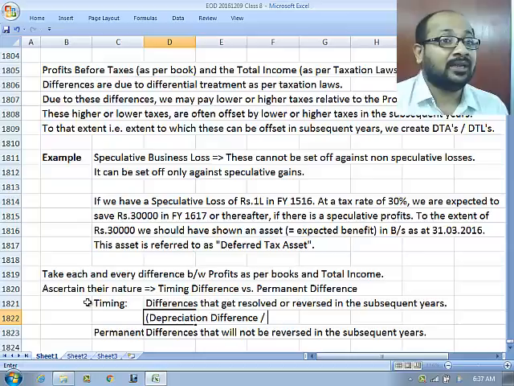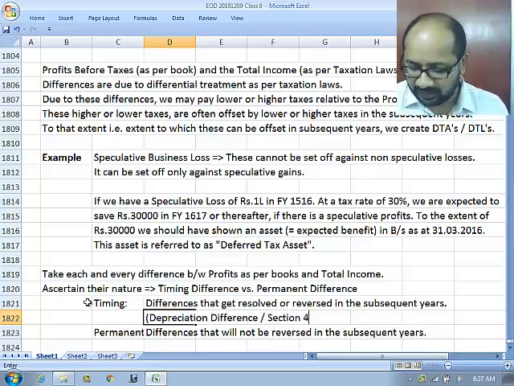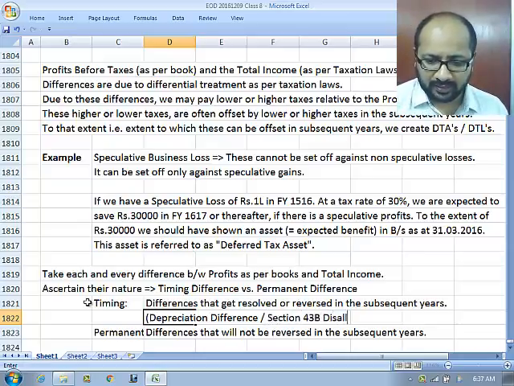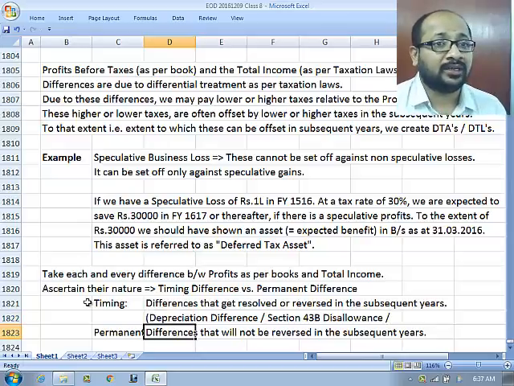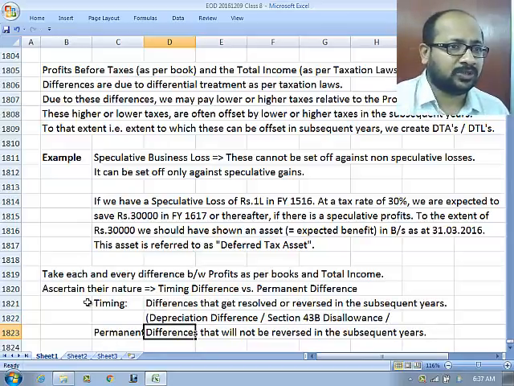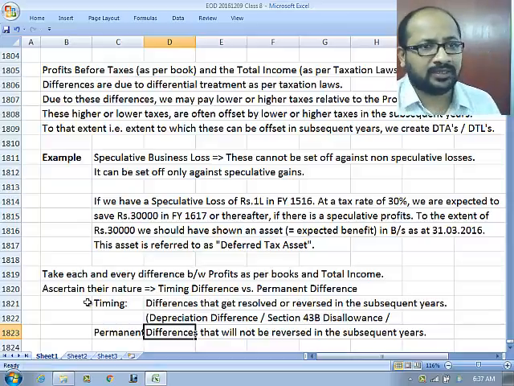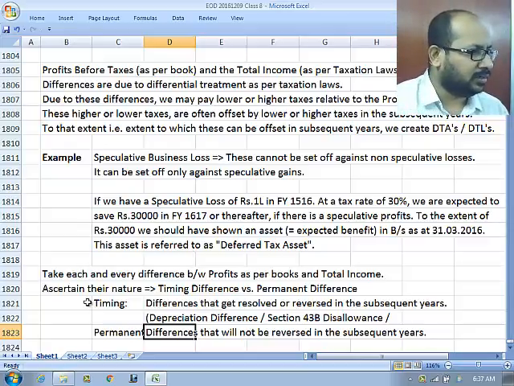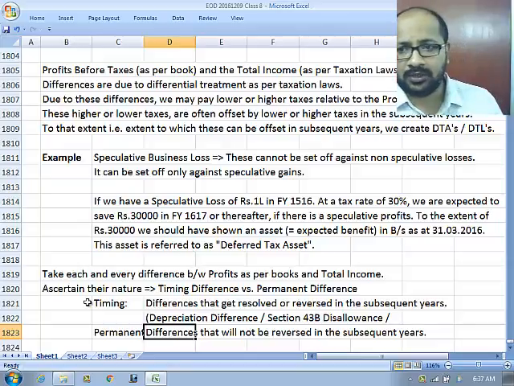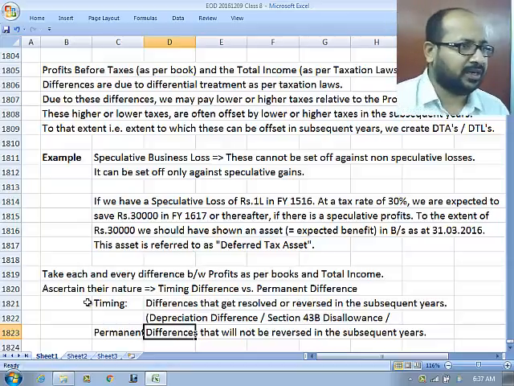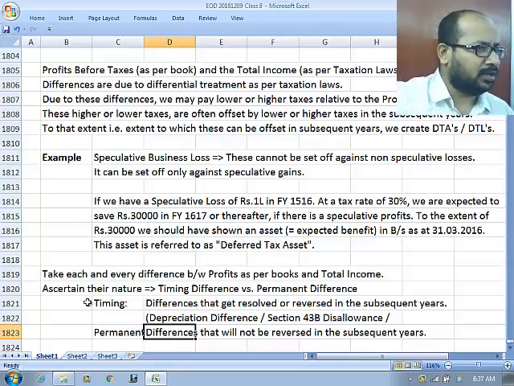Likewise, the very famous section 43B disallowance. What is that? Anything you can recollect? Your expenditure is allowed if and only if it is paid before the due date for filing the return of income. If I am going to create a provision for bonus for financial year 16-17, I should have made the payment by the due date of filing the return of income.